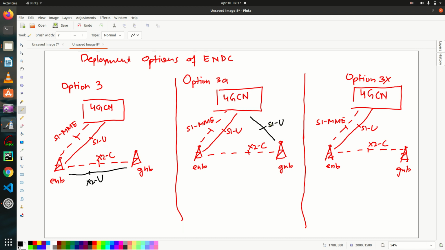Whereas in option 3X, both interfaces, X2U and S1U, will be present with gNode B. So these are the deployment options available for an operator, and generally the operator prefers option 3X. That's all for deployment.